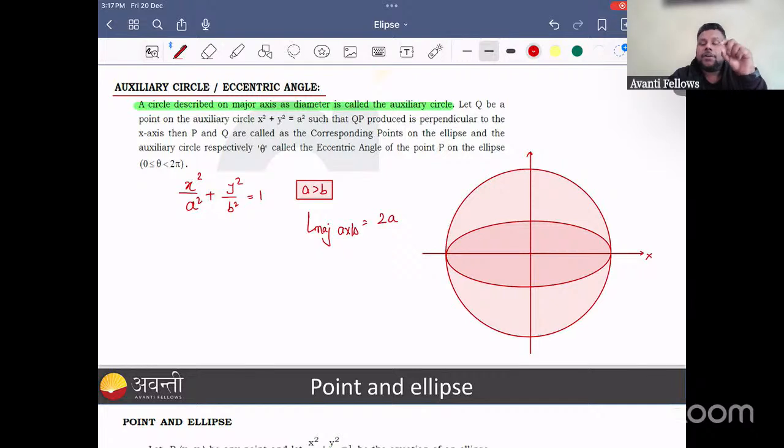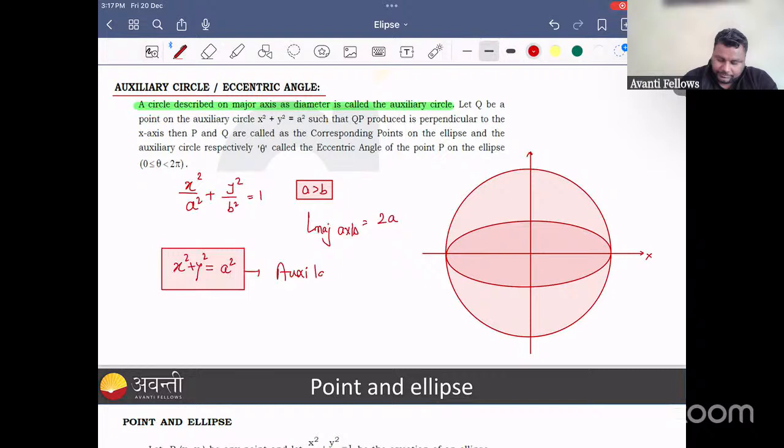So the circle drawn taking this major axis as diameter is x square plus y square equals a square. This is what we call the auxiliary circle. So the circle drawn taking the major axis as diameter is called the auxiliary circle.